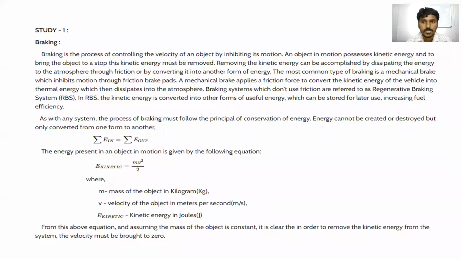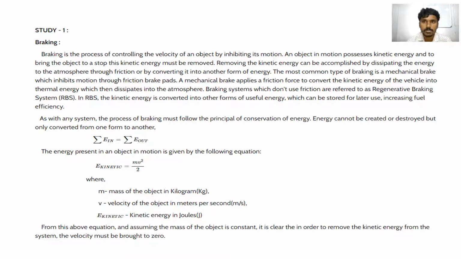So for removing the kinetic energy, we can dissipate it to the atmosphere in the form of friction or heat. Or we can convert this kinetic energy into electrical energy or some other form, or mechanical energy.